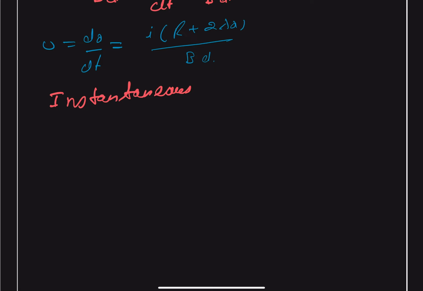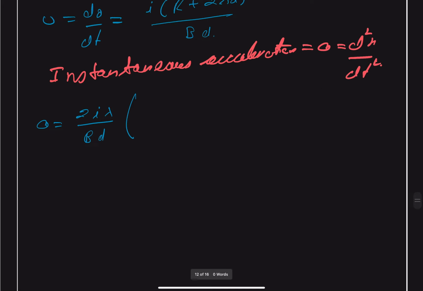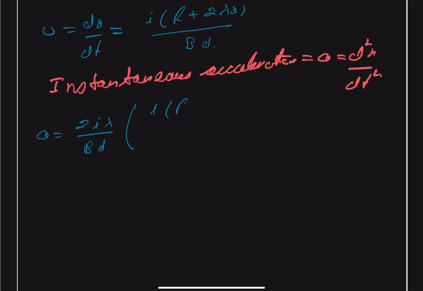Instantaneous acceleration A will be equal to the double derivative of x, and we can say our acceleration is equal to 2 I lambda divided by B d, and we substitute the value for I, which becomes I equals (R plus 2 lambda x) divided by B d.